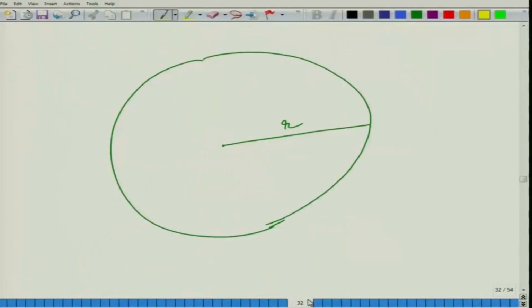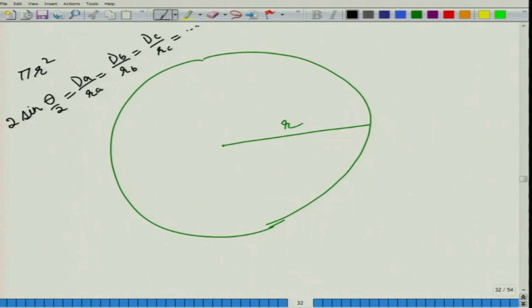So, in this area of pi r square, we have the ratio of twice sine theta by 2 is dA by Ra is equal to dB by Rb is equal to dC by Rc is equal to so on.